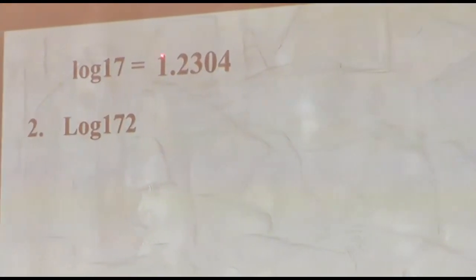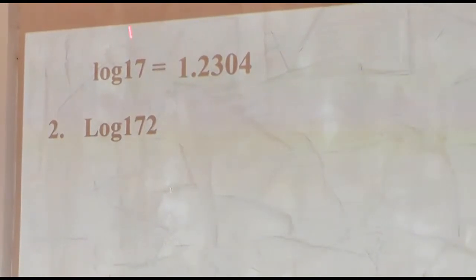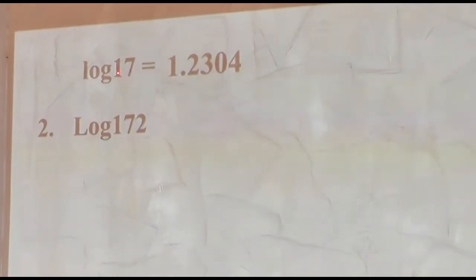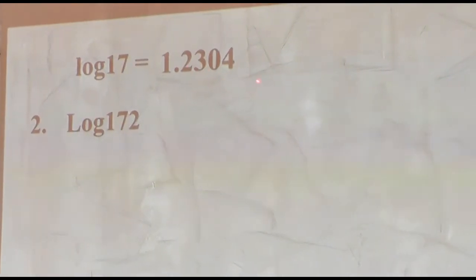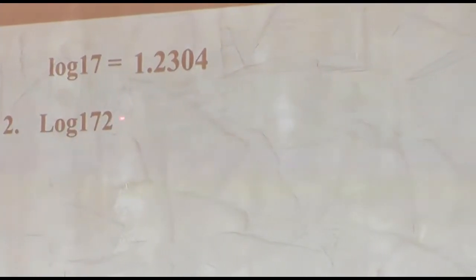The whole part, we get it from this. According to the rule, when you have two digits here, the characteristics will be 1. When you have 3 digits, the characteristic will always be 2. So when you are subtracting 1 from these 2 digits you have 1. Then from there you go to the logarithm table to find the mantissa part.